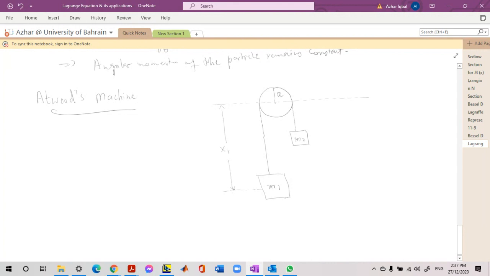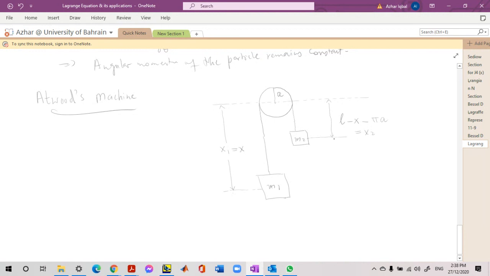Whereas the distance of the other, relative to the horizontal axis, if the length of the string we attach the two masses with is L, will be L minus x1 minus half of the circumference, so pi A, which will be x2.